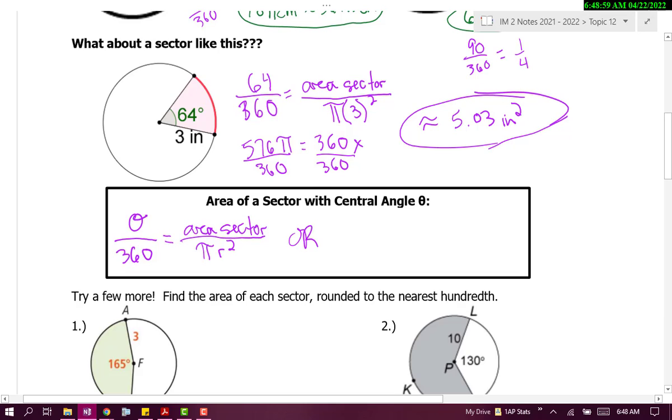Or basically the same thing, but it would be theta over 360 times pi r squared equals the area of the sector. Really is the same thing. The second one might be a little bit shorter, just if we're going step by step, but they're still all the same thing.